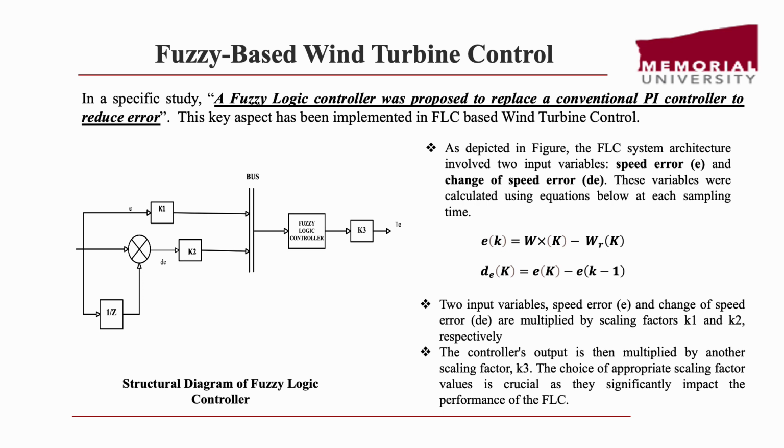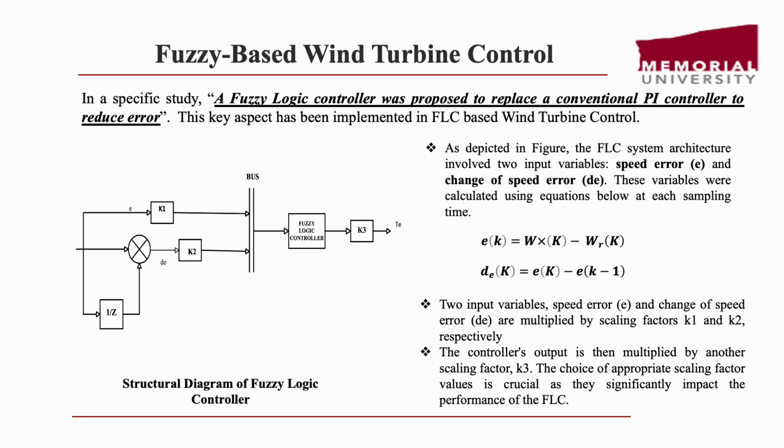The two input variables, speed error E and change of speed error DE, are multiplied by the scaling factors K1 and K2 respectively, and the controller's output is then multiplied by another scaling factor K3 to get the final output.